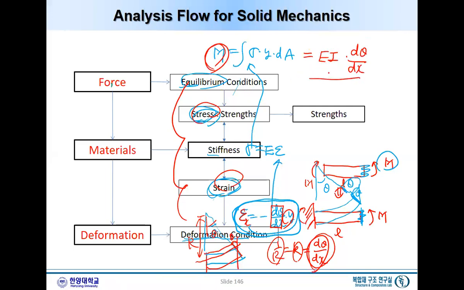So now let's derive this one. What is the next step? Once we have the strain in terms of that, again, the unknown is this guy. The unknown is d theta dx. We don't know the theta, okay?